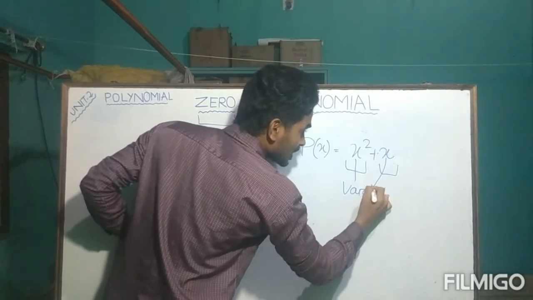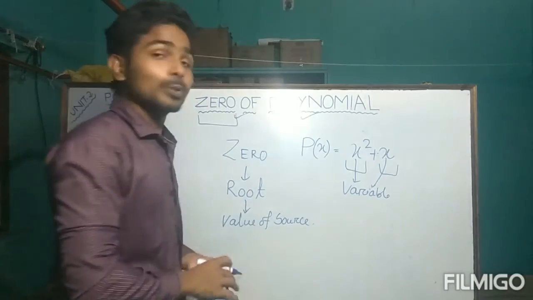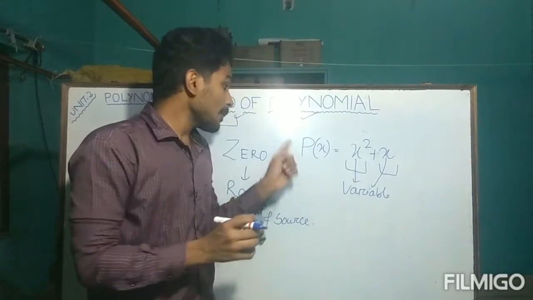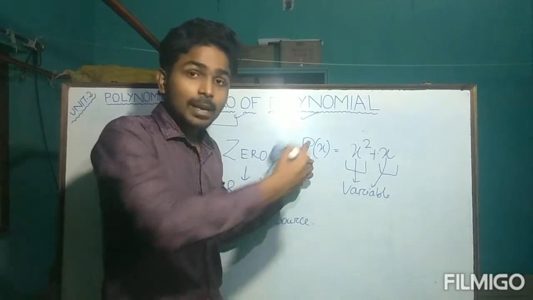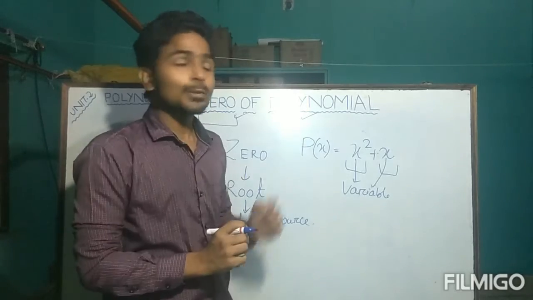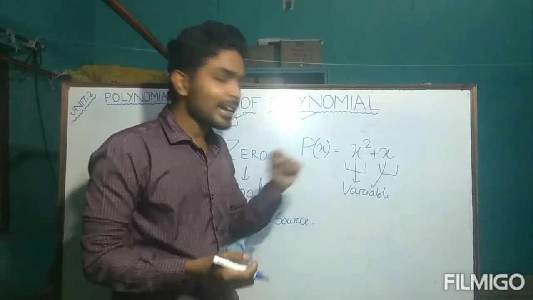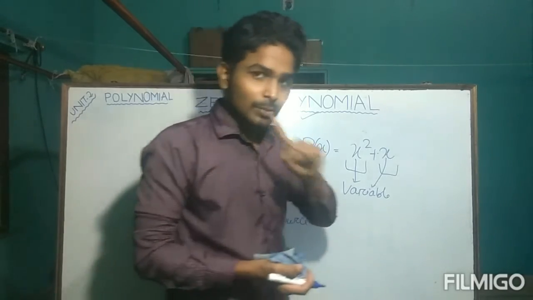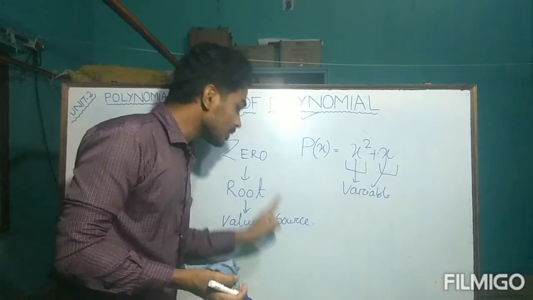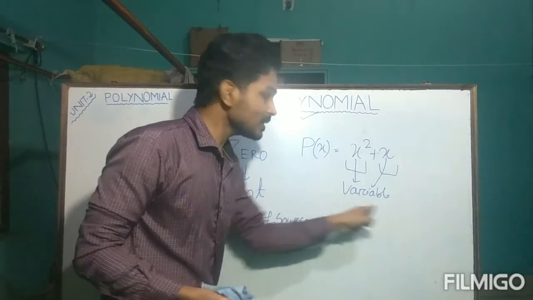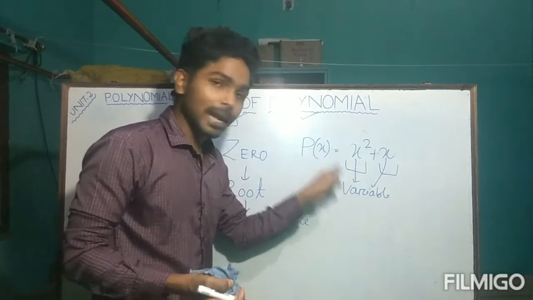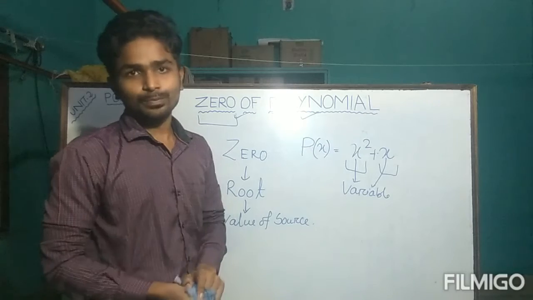Understood? So we can ultimately say that a polynomial is made from the variable. So what is the source of the polynomial? The variable. So the value of the source, here the source is variable, its value is known as 0.